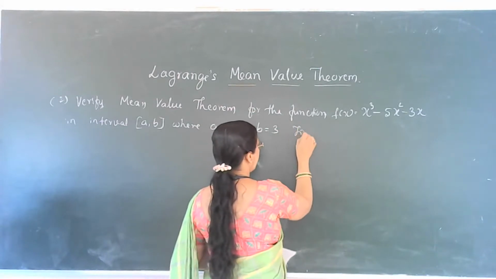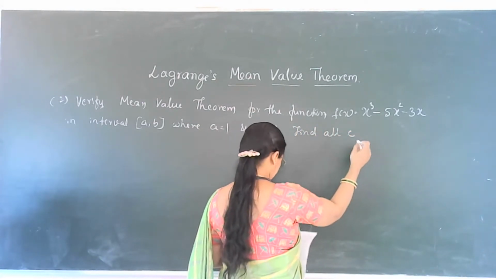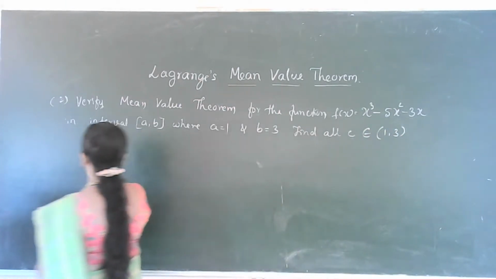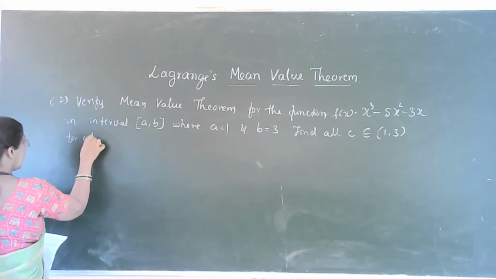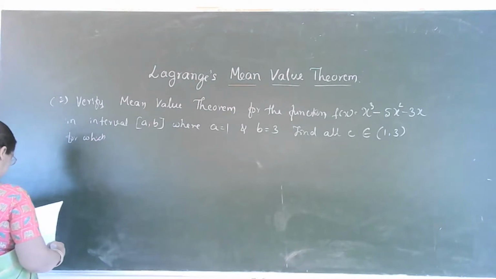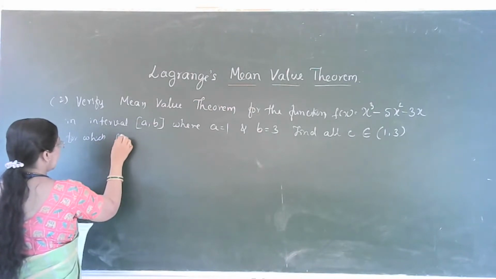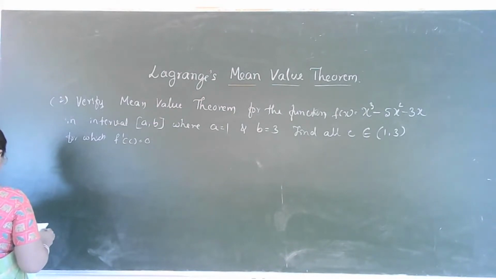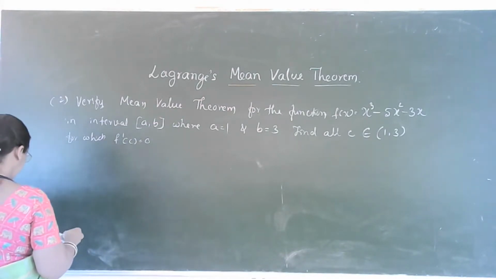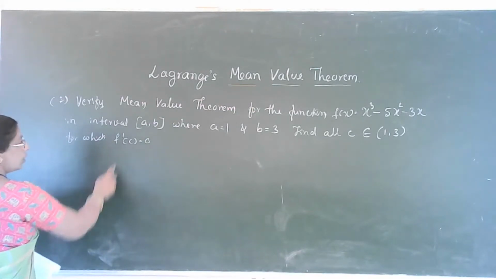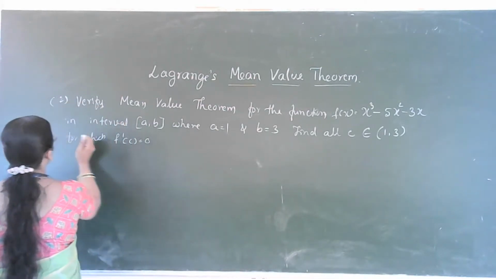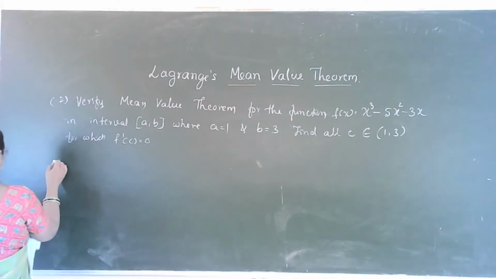Find all c belonging to (1, 3) for which f dash c is equal to f of b minus f of a divided by b minus a.